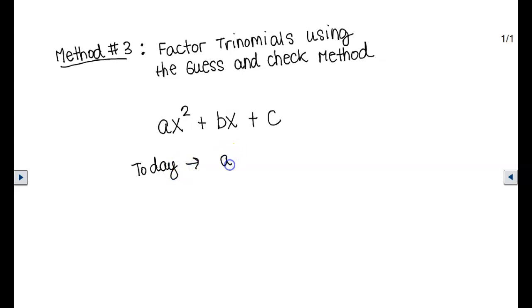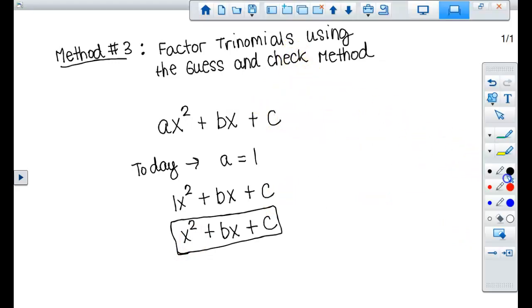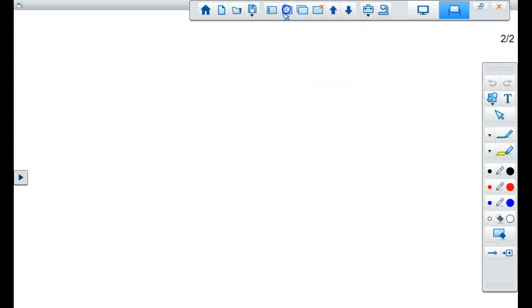Today, we're going to factor trinomials where a is equal to 1, so where this leading coefficient is 1. So if I made that a 1, then I would have 1x squared plus bx plus c. But we know that if there were a 1 in front of that x squared, they probably would make that invisible. So it's going to be x squared plus bx plus c. So this is the trinomial that we'll factor today. And then as we move through the week, we'll change that coefficient and make it something else. We're going to make a equal 1 today because that will make it easier for you to kind of learn this process.